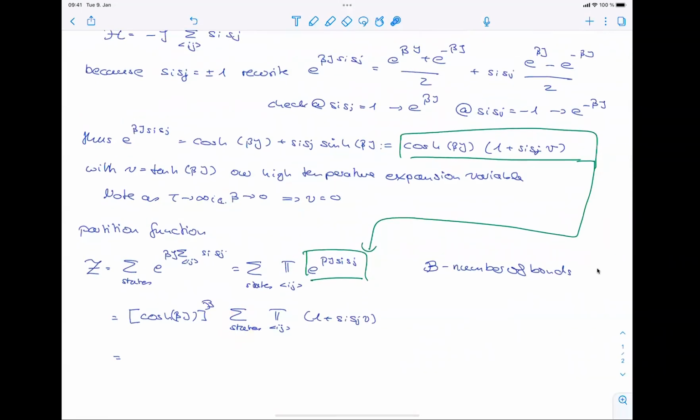Yeah, good. Okay, so we're taking products of these terms, right? So I have 1 plus si sj times v times 1 plus sm sn v times so on. And so if I start just collecting terms in orders of v, then I can see that since v is small, I can have a series expansion in terms of v.